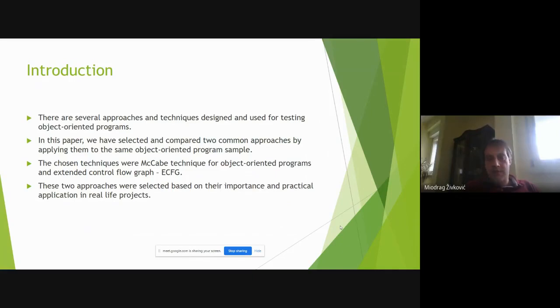We have chosen the McCabe technique for object-oriented programs, which is the traditional structural approach with an aspect for object-oriented programs, so with the addition of properly testing the abstraction, and we also selected the extended control flow graph, or ECFG. We selected them because of their, of course, importance and practical applications in real-life projects.